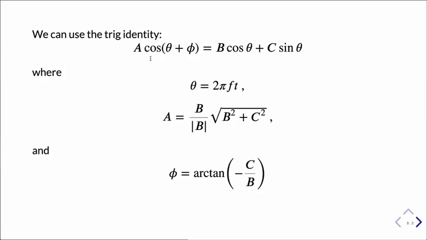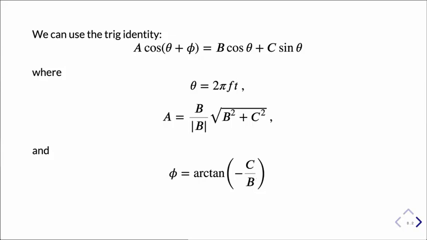Then we can recover what we want. We want the amplitude and the phase information for each one of the models that we're going to fit, and we can get those in terms of the B and C values that we're going to actually fit for. The amplitude A is just the hypotenuse of B and C, and the phase, phi, is just the arctangent of C over B.